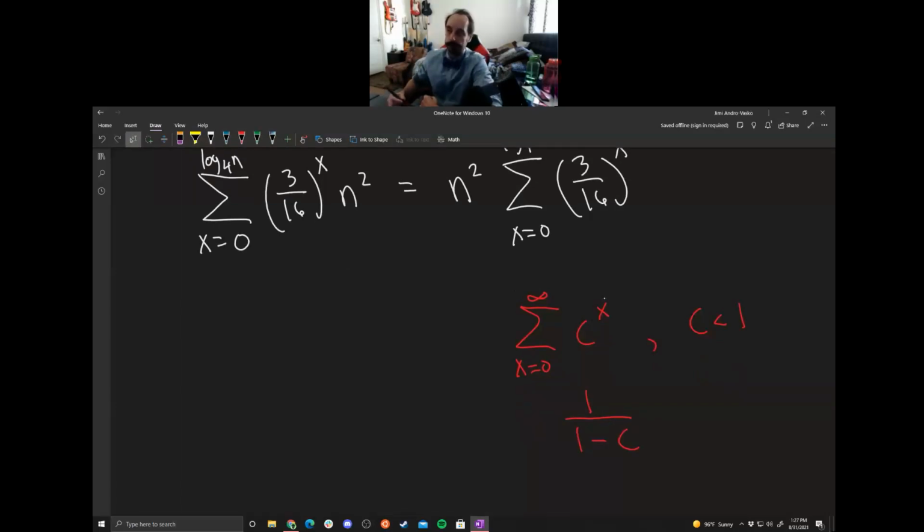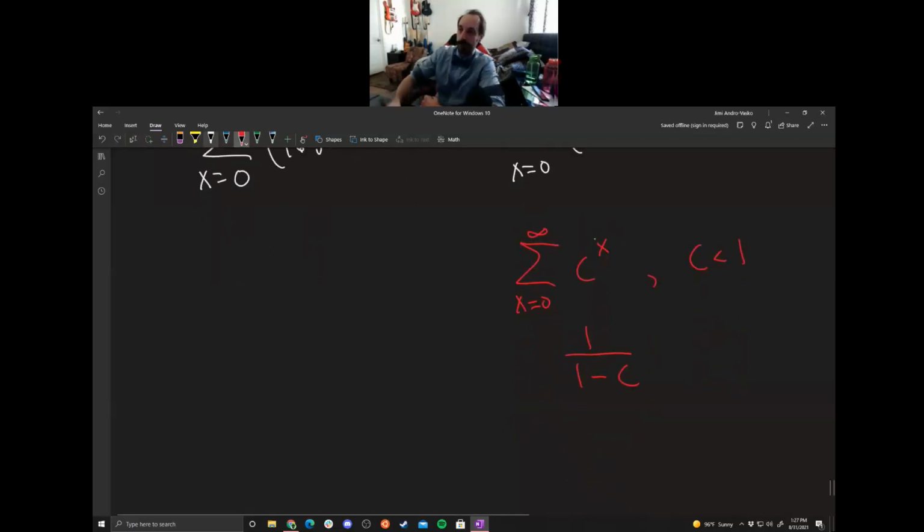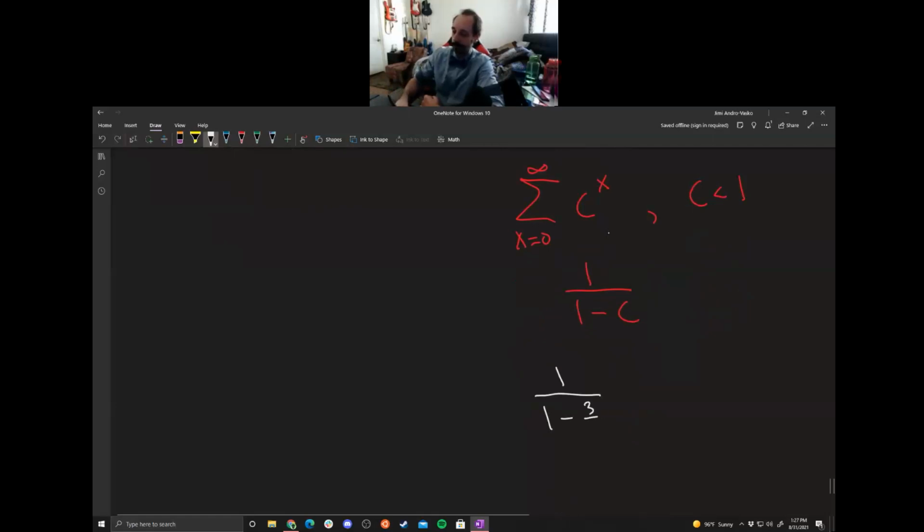In this case, c is 3 over 16. So 1 over 1 minus 3 over 16 gives us 1 over 13 over 16, which gives us 16 over 13.